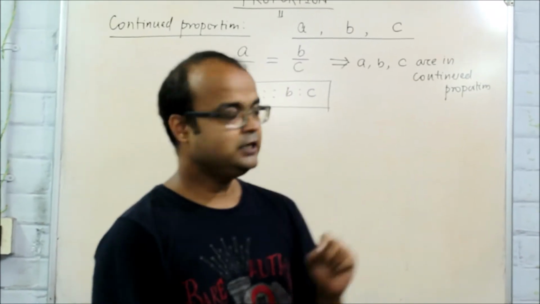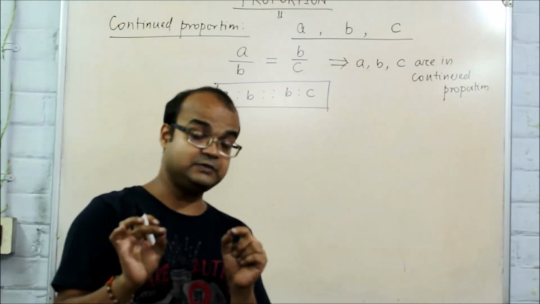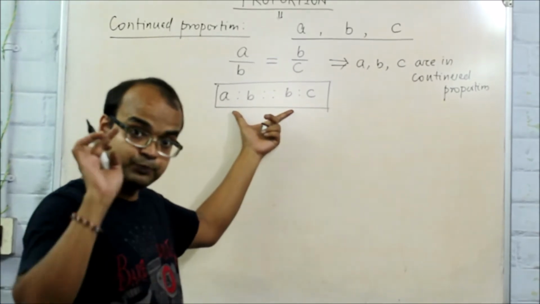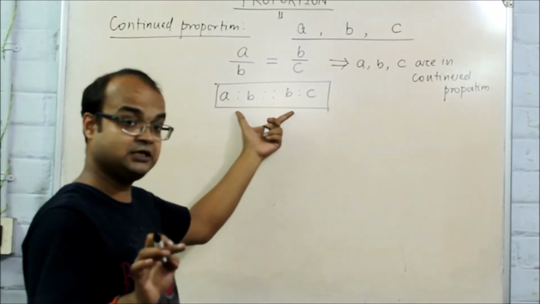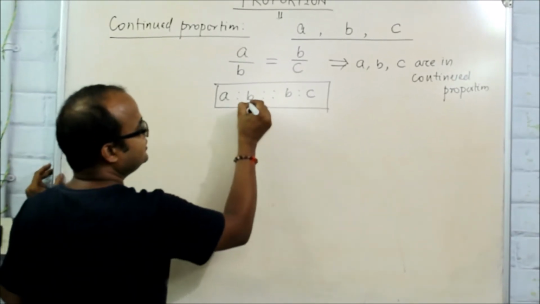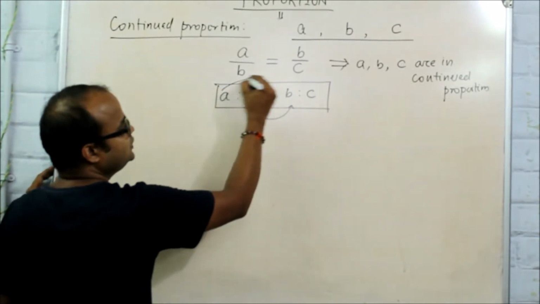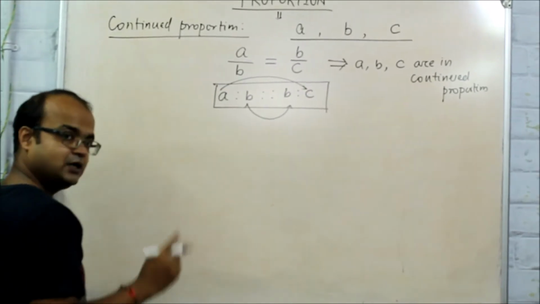So now if this relation is in proportion, that means by our condition the product of means should be equal to the product of extremes. Am I clear?